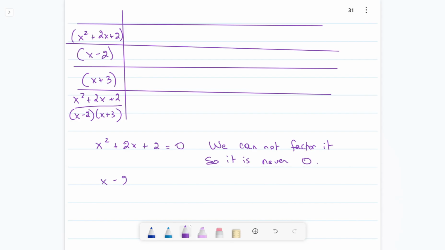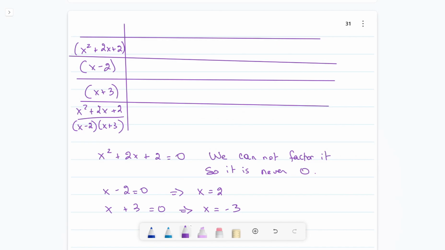Now let's try x minus 2 equals 0. We get x equals 2. Let's try x plus 3 equals 0. We get x equals negative 3. And this is what we will write at the top of our sign table. And of course, negative infinity on the left and positive infinity on the right.